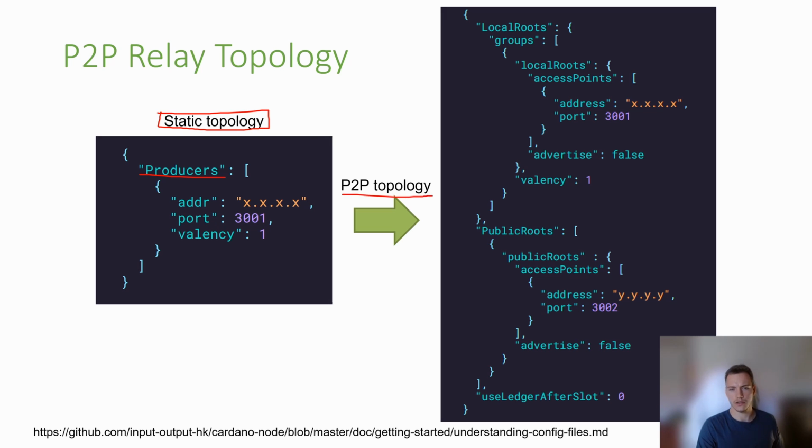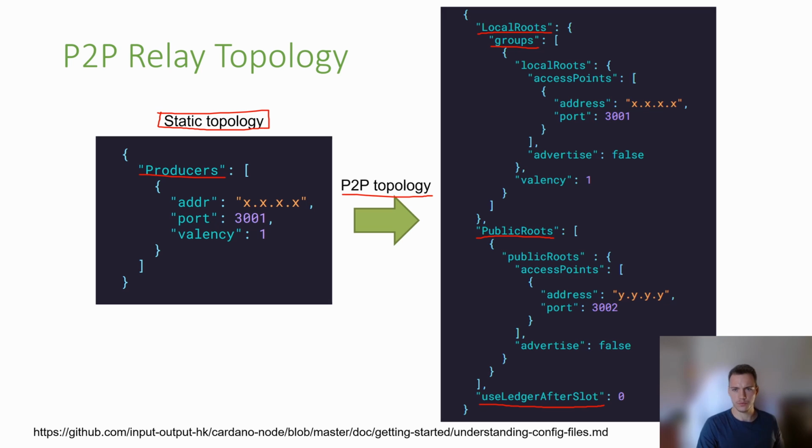While in the peer-to-peer topology file, it's a bit more complex, and we have three main settings: the local roots, the public roots, and the use ledger after slot. So the local roots are basically your bootstrapping nodes. You can define many different groups.